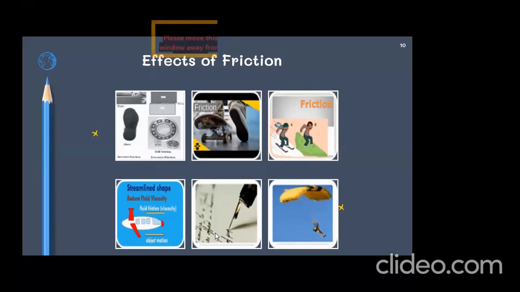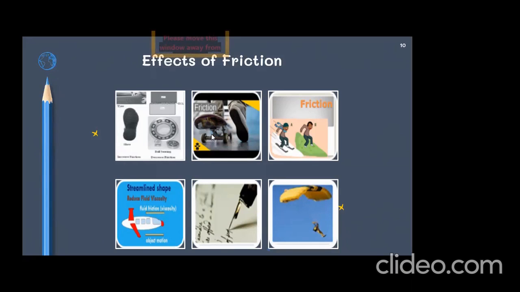They reduce the friction. Okay, grooves on the soles of shoes, grooves on the tires, and ball bearings between the sliding surfaces all help us to reduce the negative effect of friction. Likewise, here in this picture, you can see that the man is using skates.